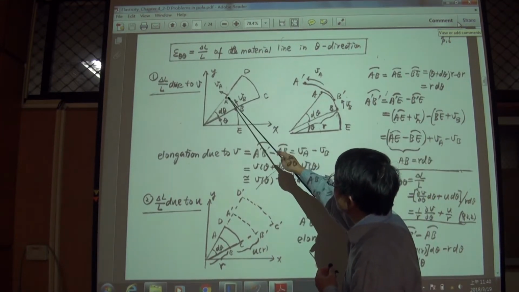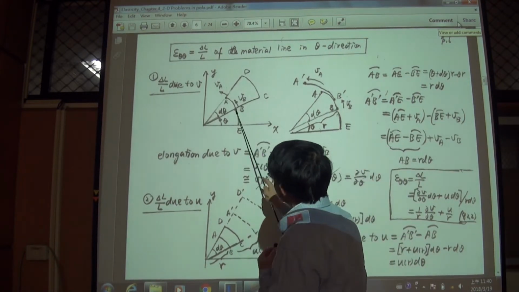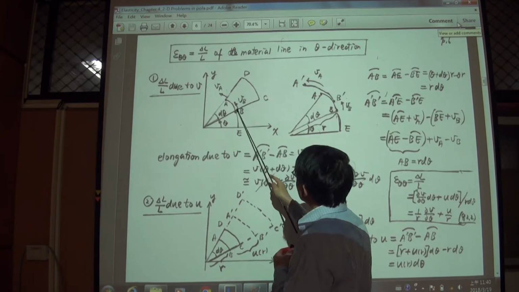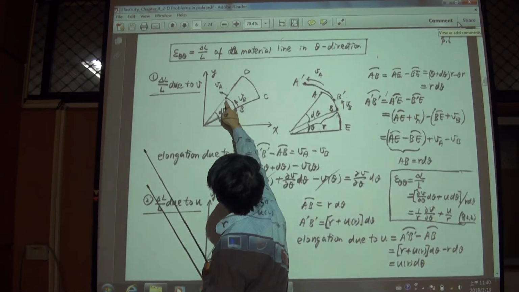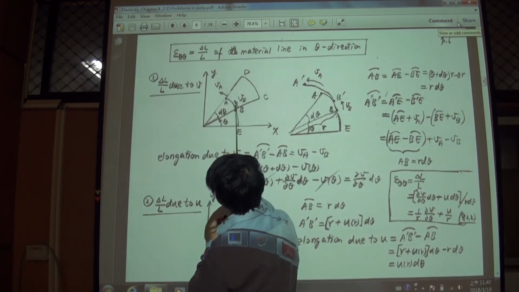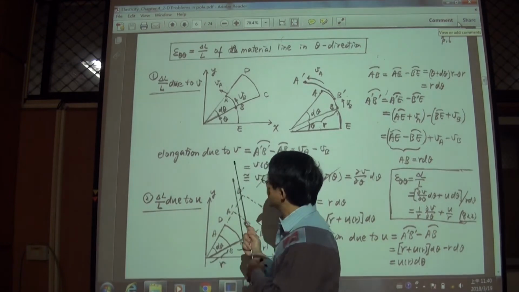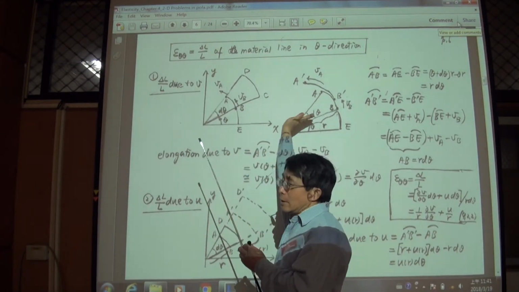We have material points A, B, C, D, but we only consider the material line AB here. The point A is subjected to a displacement VA. The point B is subjected to a displacement VB in the theta direction, not in the r direction.